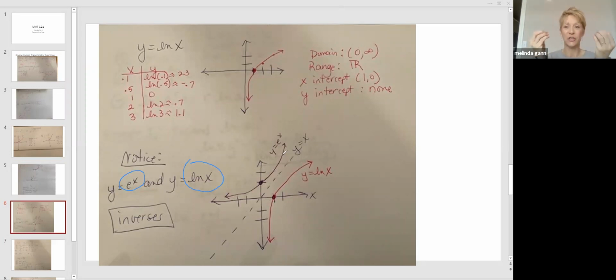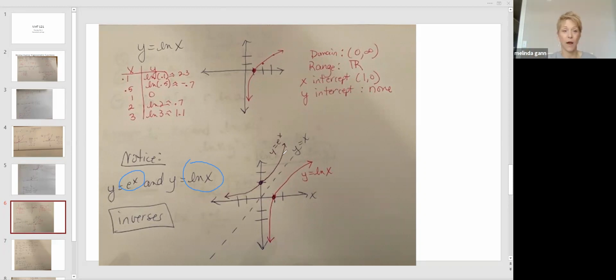So e and natural log are inverses of each other. So that means they would undo each other the same way that square and square root undo each other, the same way that adding 5 and subtracting 5 would undo each other.